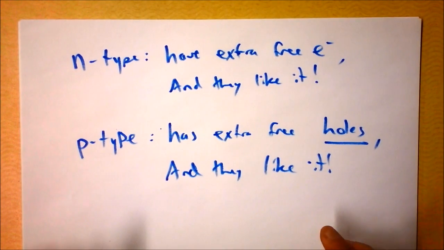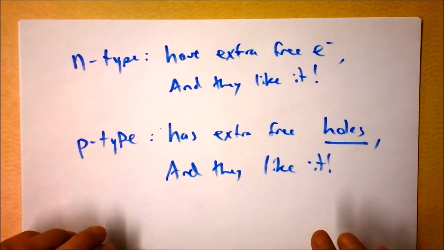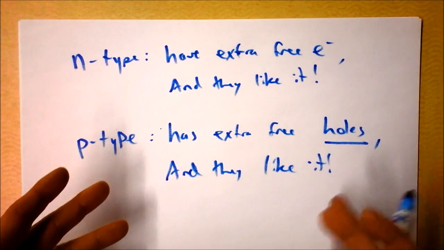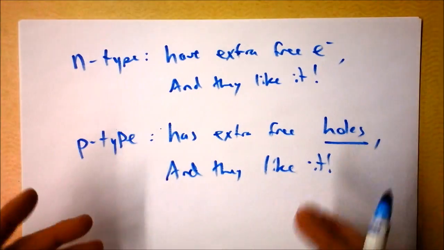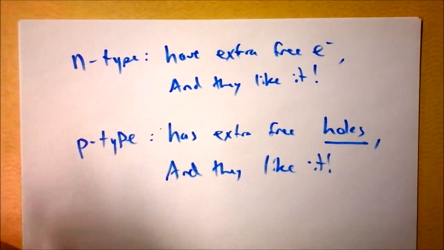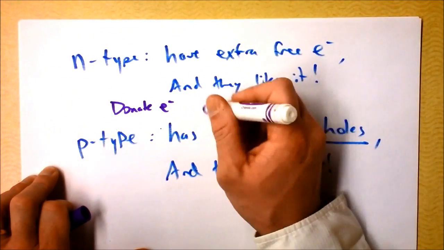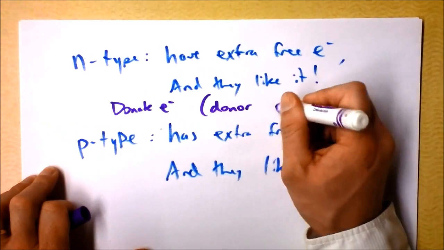Okay, so holes are given by acceptor impurities. So for instance, arsenic or germanium. And free electrons are given by donor impurities because these guys donate electrons. And so they're called donor impurities.